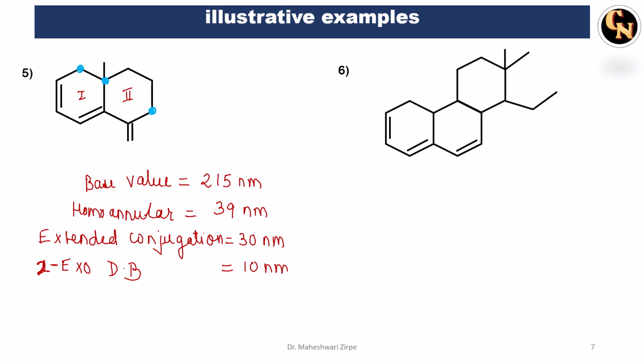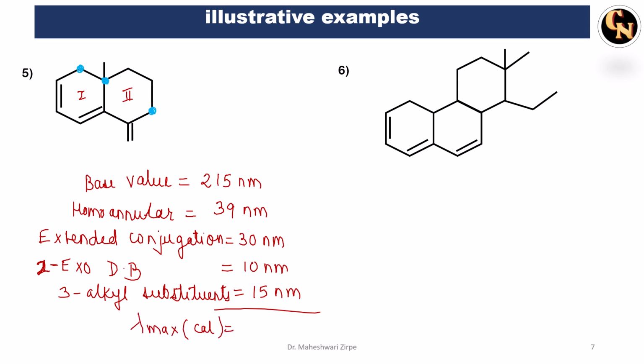The blue ones which I have marked here, there are 3 alkyl substituents, olefinic alkyl substituents. Okay, 3 into 5 is 15 nanometers. So total if you add them up, 215 plus 39 plus 30 plus 10 plus 15, lambda max value calculated comes out to be 309. 309.